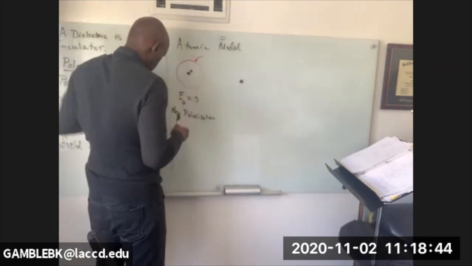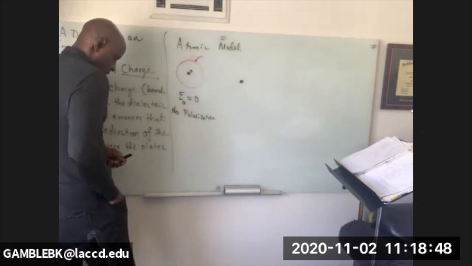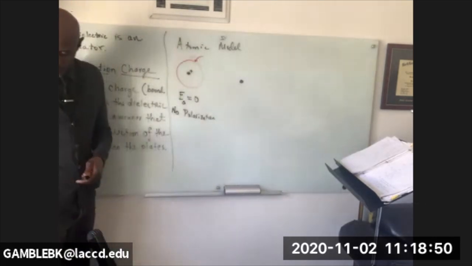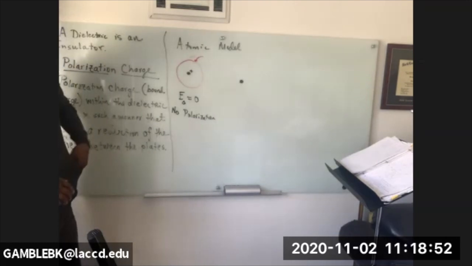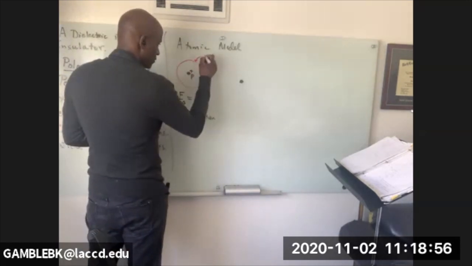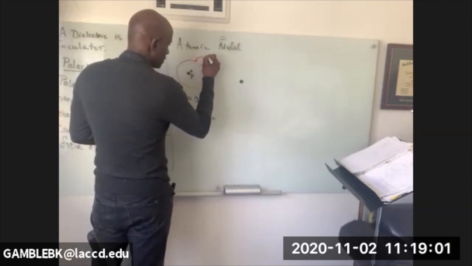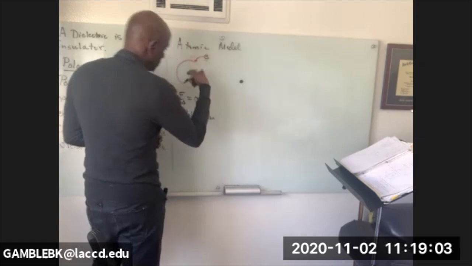So this is the proton here. I'll put symbol P there. So that's a proton P. And this is an electron, right? And it's average.